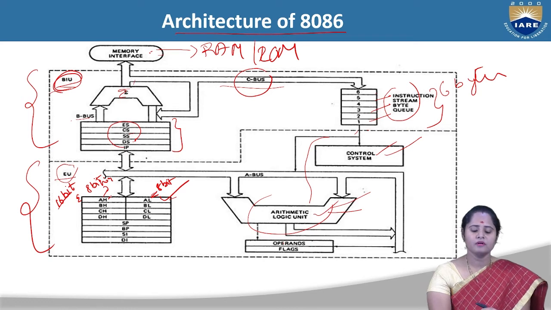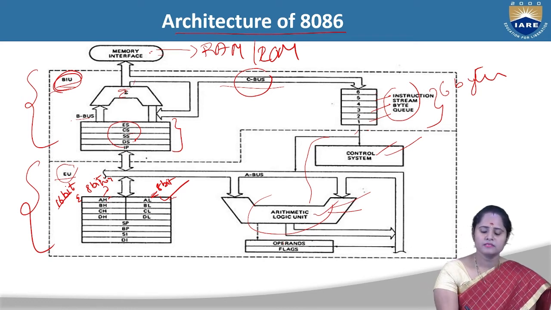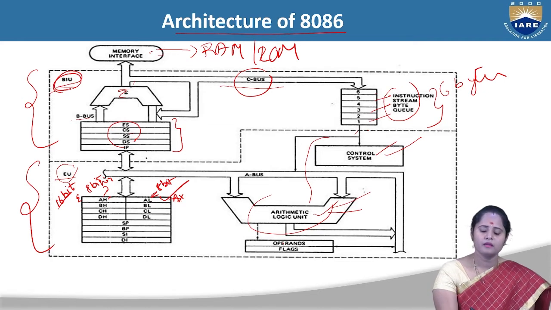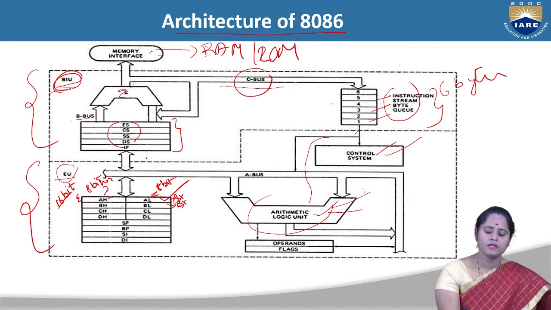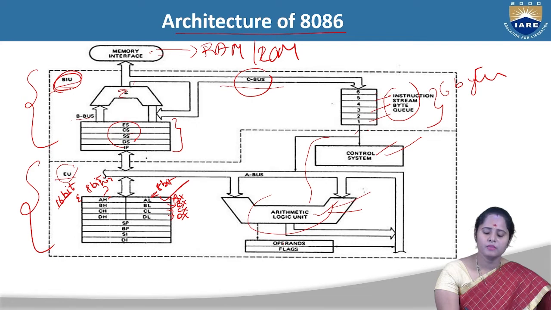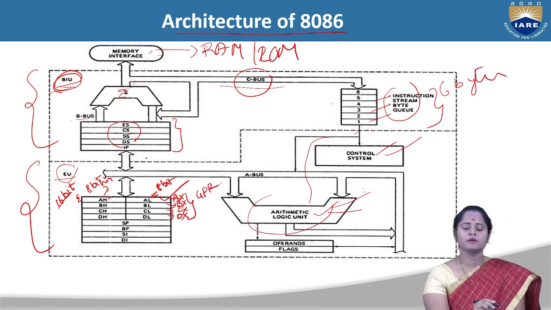Like that, we have AX, where X indicates it's 16-bit, and it can be divided into AL as well as AH. Another one is BL, BH, that is the BX register, CL, CH, that is the CX register, and DL, DH, that is the DX register. These can be called general purpose registers.